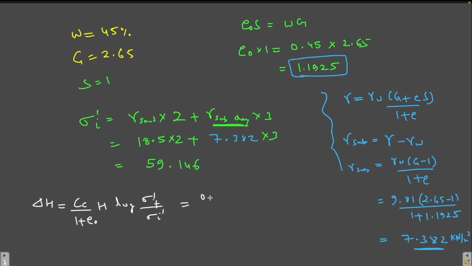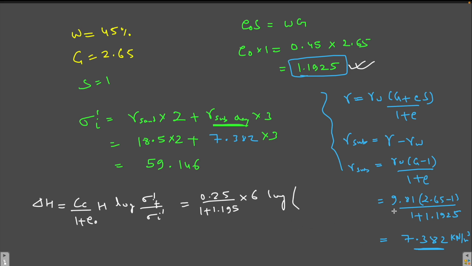Let's put that 0.25 by 1 plus E naught. E naught of the clay, which you have found out, is 1.195, into height. Height is the height of the clay and it is 6, log base 10 sigma dashed final.